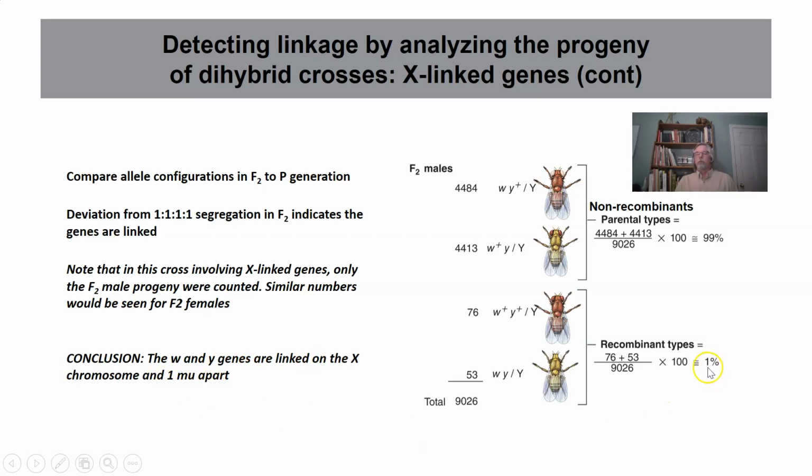One recombinant frequency of 1% is equal to one map unit apart. Okay, so that's how you set up a dihybrid test cross for genes on the X chromosome to test for linkage. If they depart from a 1-to-1-to-1-to-1 ratio, they are linked. And you can determine the recombinant frequency from that data.